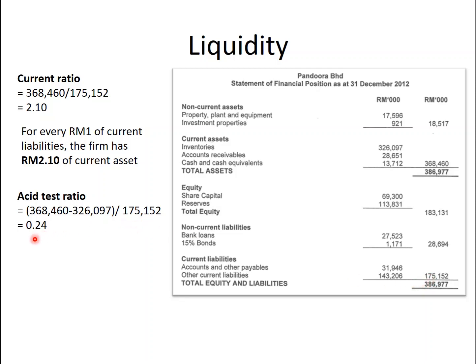Then we get the answer 0.24, which means for every RM1 of current liabilities, the firm has RM0.24 of current assets.